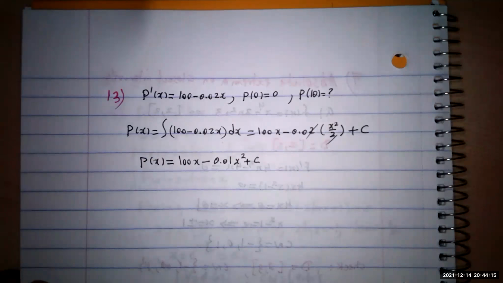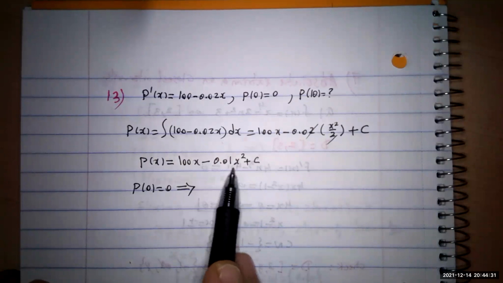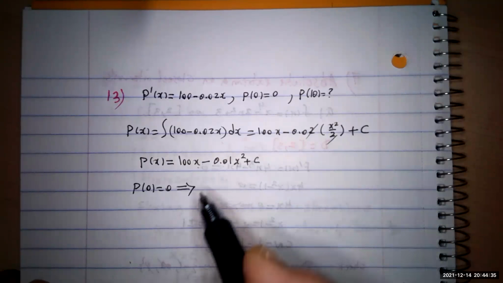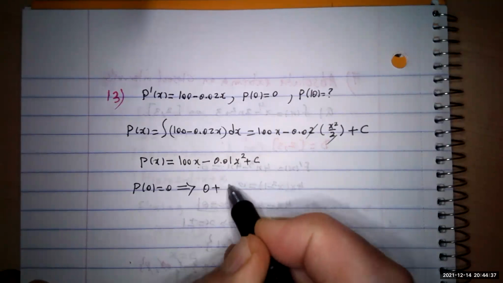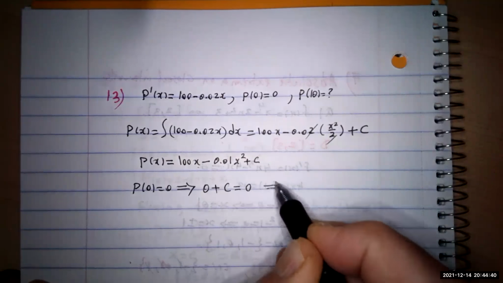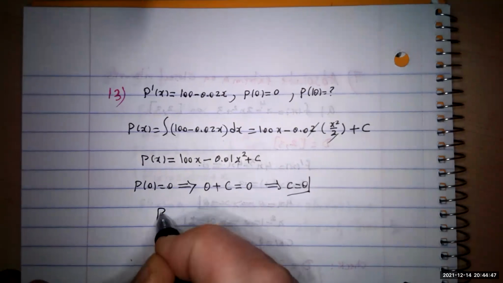So we're going to use this fact that P of 0 is equal to 0. It means you go back, replace x by 0 to get C. So if you put in 0, that gives you 0 plus C equal to 0. So C would be 0, depending on the given information. So now we have the profit function.